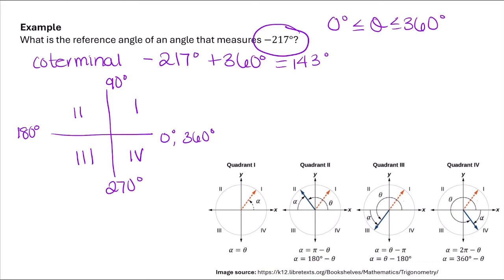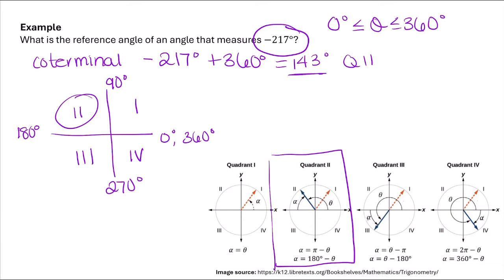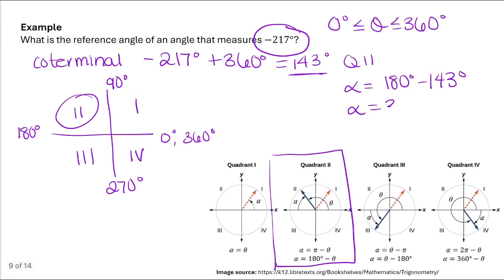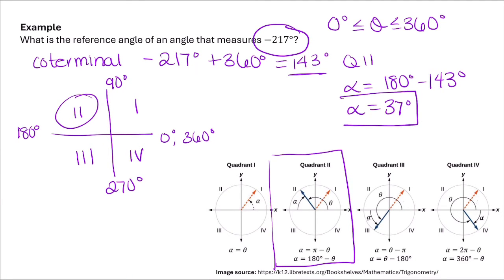So a 143 degree angle is going to be in quadrant 2. That means I need to use this formula right here: alpha equals 180 minus 143, which gives me 37 degrees. That's the reference angle for an angle that measures negative 217 degrees.